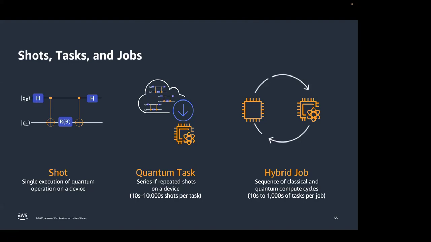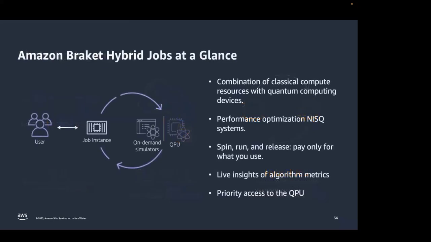In hybrid jobs, what one can do is apply a sequence of classical and quantum compute cycles, and in each cycle, you can implement thousands of tasks in each job, right? So that's increasing the level of engagement of running a quantum circuit. Multiple shots make one quantum task, and multiple quantum tasks can be included in one hybrid job, right?